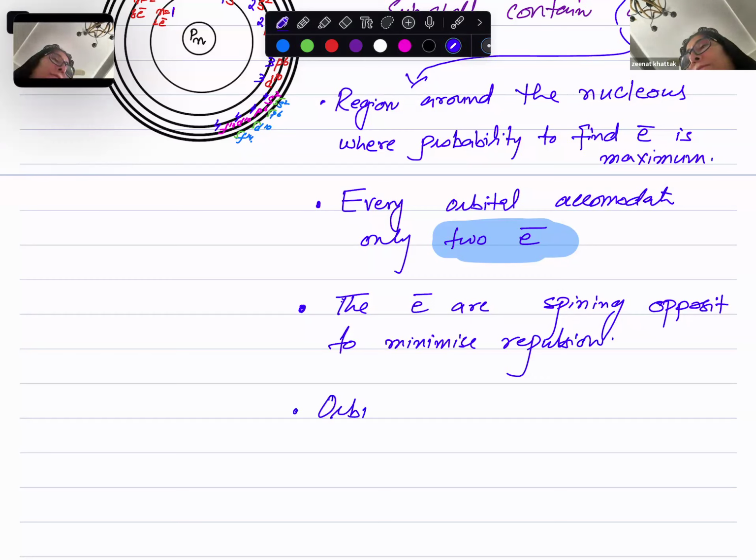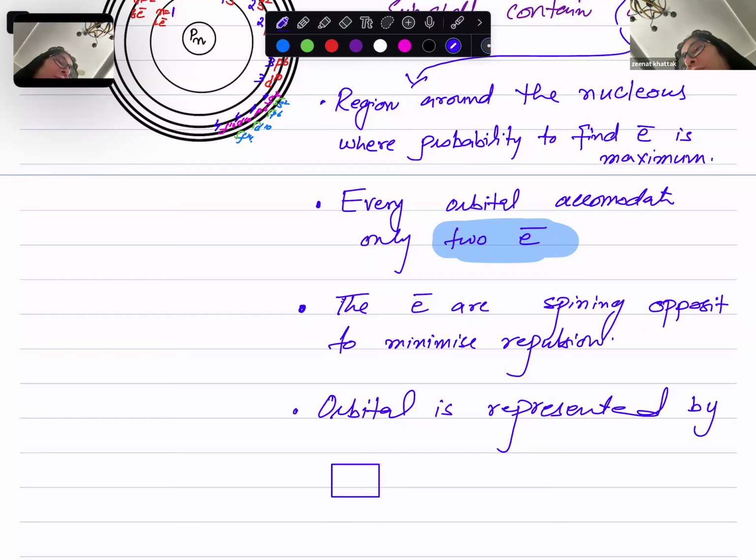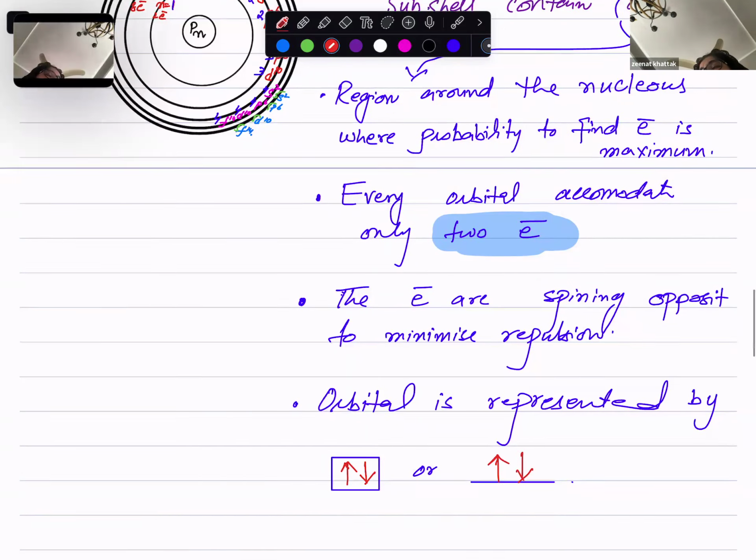Orbital is represented by a box or dash. At every orbital, how many electrons? Two. One clockwise, one anti-clockwise. Why? To minimize repulsion.